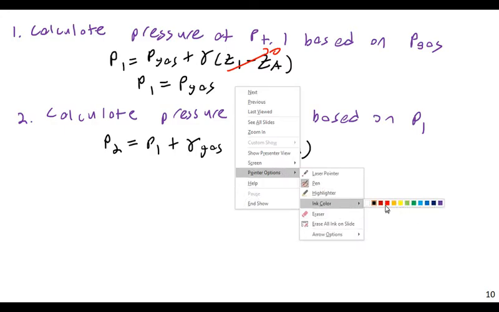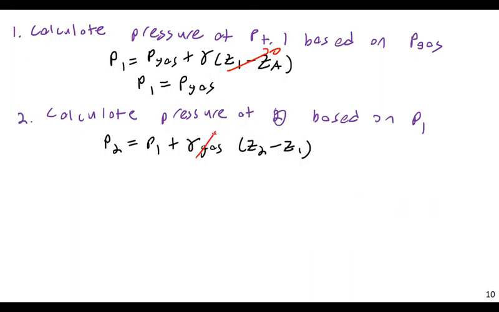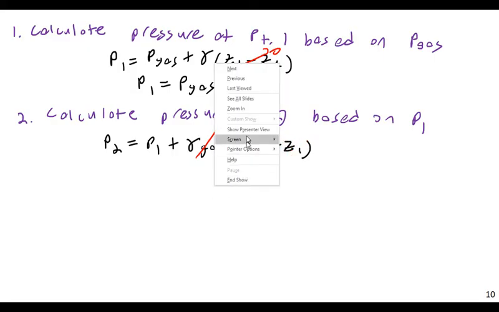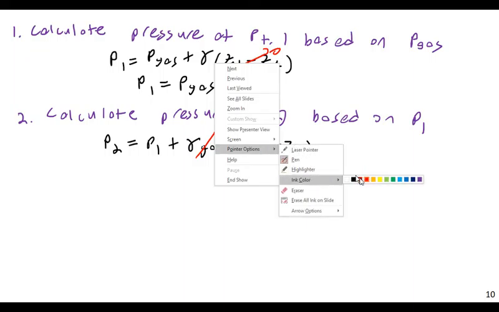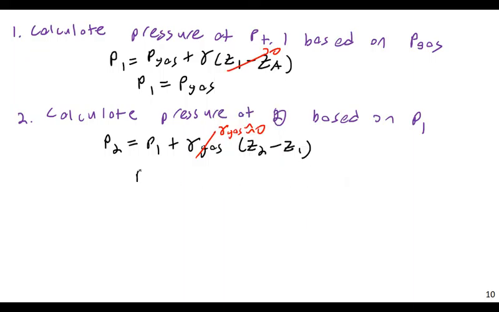Another way to conceptualize this is that compared to the fluids, the gamma of the gas is approximately 0. So now I have P2 is equal to P1, which is equal to P gas.